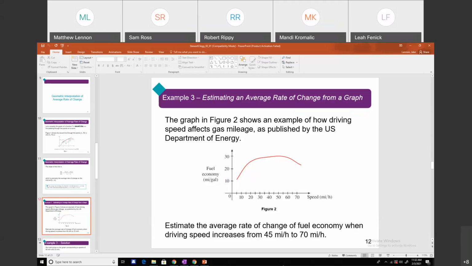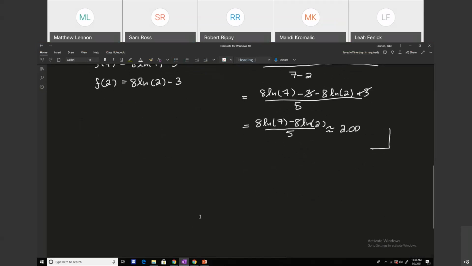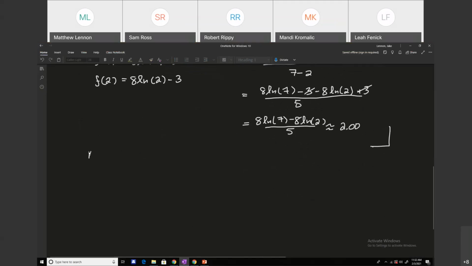So if you do miles per gallon divided by miles per hour, that would be the units of your average rate of change here. If we take a look at that, miles per gallon divided by miles per hour would be the same thing as miles per gallon times hours over miles. So your miles would cancel.